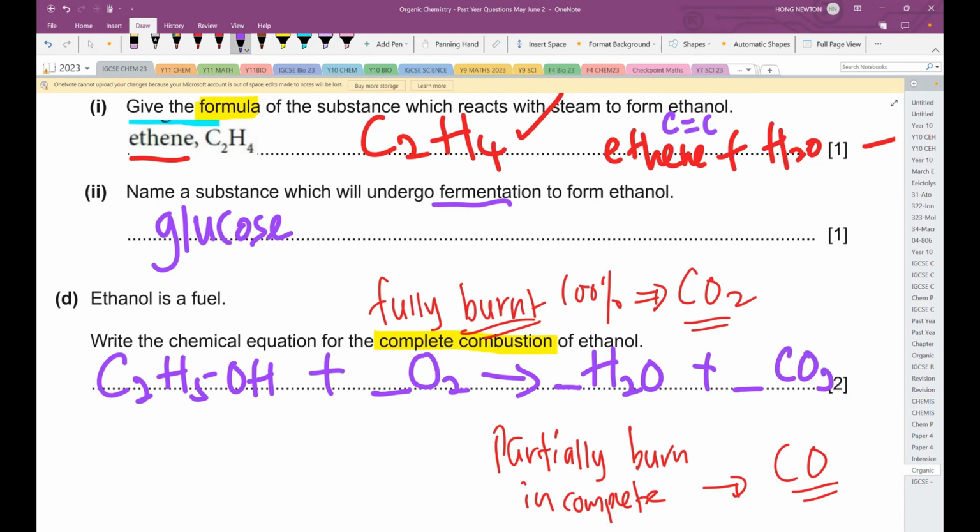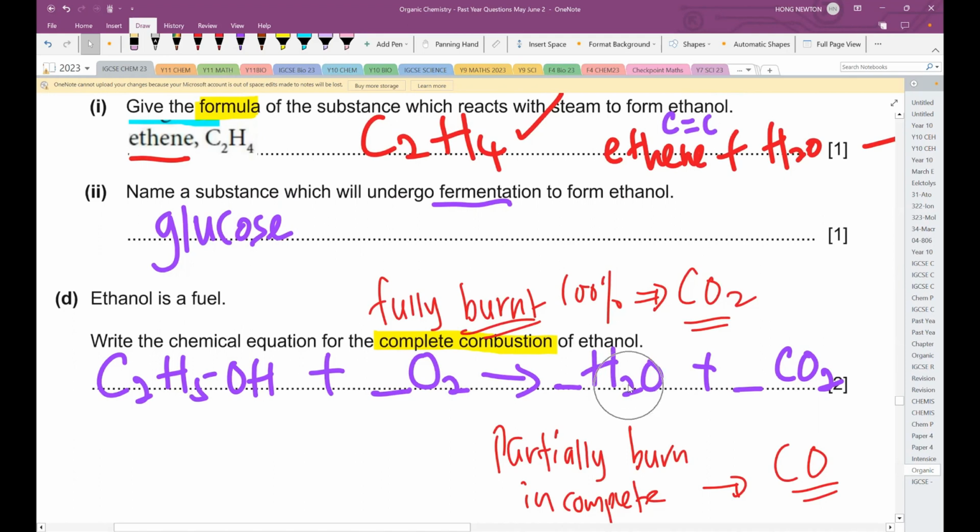Okay, CO2. So now do the balancing. How many oxygen do we have left out? Never mind, later we check. So H, how many H here? Five here, and one H over here, so 5 plus 1 is 6.